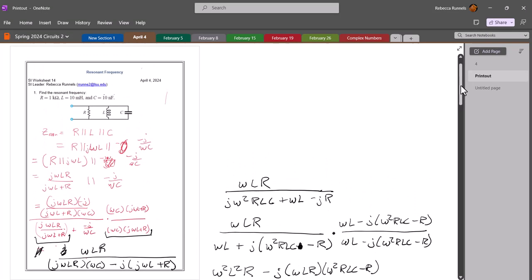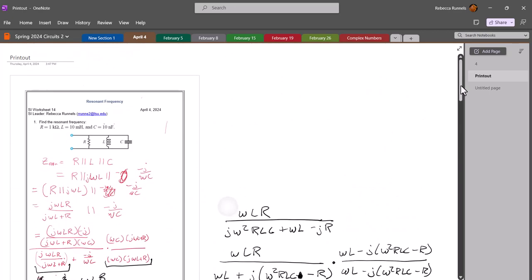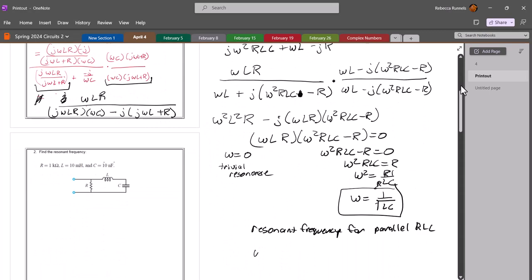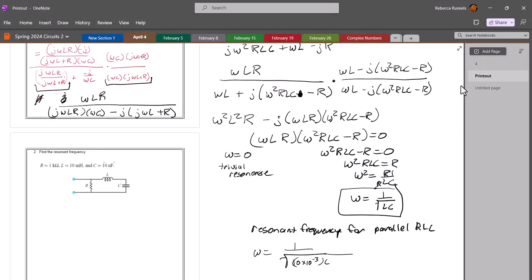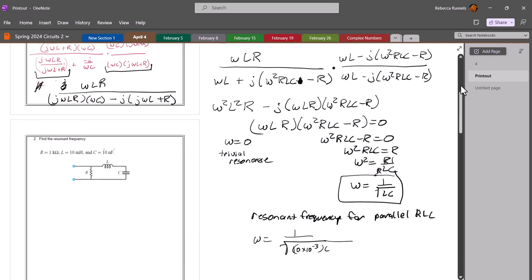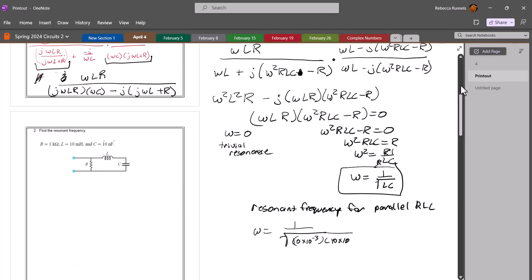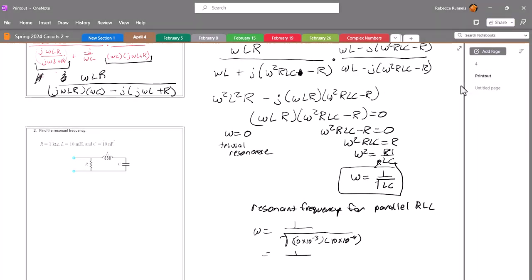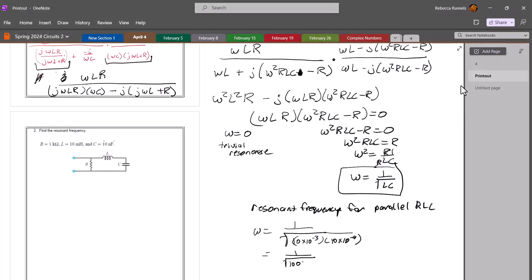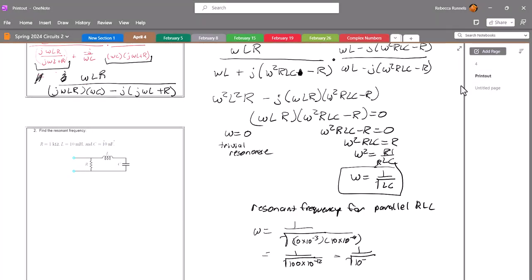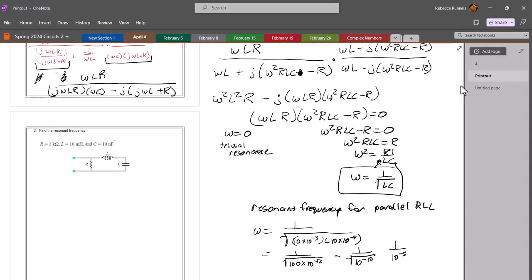Our particular problem had R is 1 kiloohm, which doesn't matter, L is 10 millihenries, so omega equals 1 over the square root of 10 times 10 to the negative 3 times the capacitance, which is 10 nanofarads, so 10 times 10 to the negative 9. 1 over the square root of 10 times 10 is 100 times 10 to the negative 12, or 1 over the square root of 10 to the negative 10, or 1 over 10 to the negative 5, or 10 to the 5th radians per second.